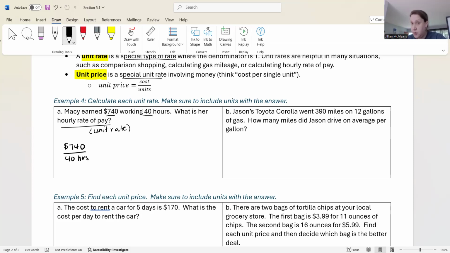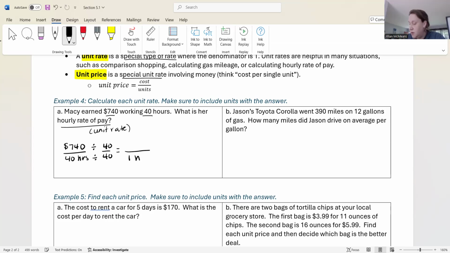And the easiest way to force the denominator to be 1 is to divide it by itself. So we're going to divide the denominator by 40. But we know enough about fractions that if we multiply or divide one value in the fraction by something, we have to mimic that in the other part of the fraction. So I need to divide 740 by 40 as well. Okay? So 40 hours divided by 40, that's easy.